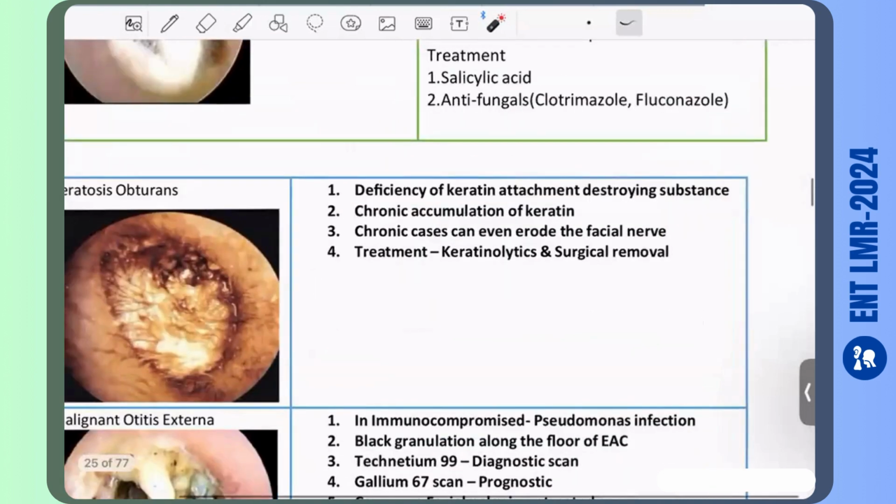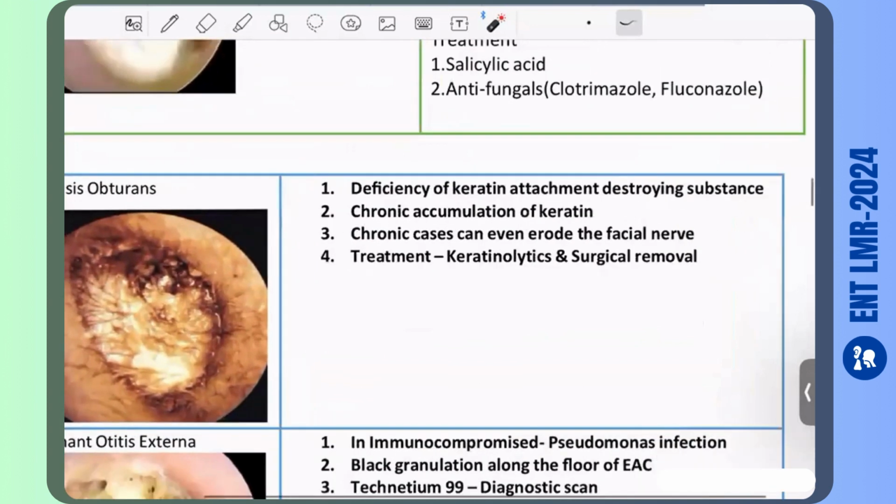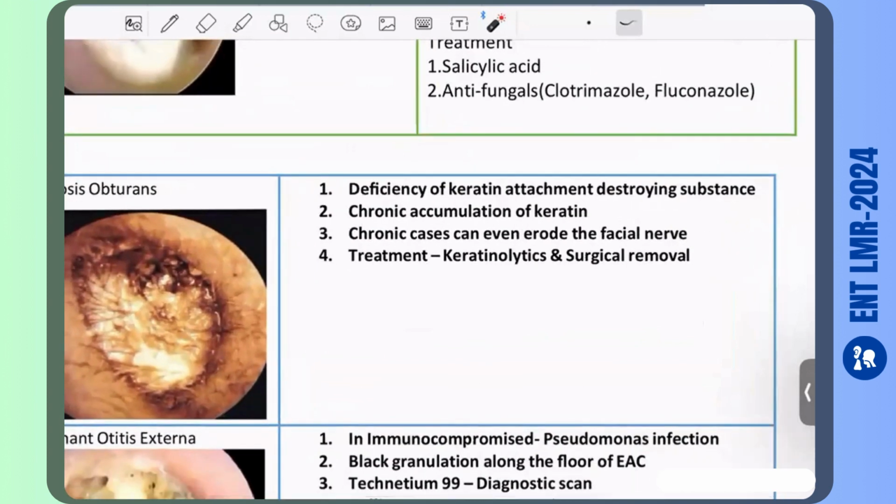Some different disease, they may ask this as an MCQ. If there is a small amount of keratin in the ear, it is called wax. But there is a problem with the disposal of the wax from the ear: deficiency of KADS, keratin attachment destroying substance.